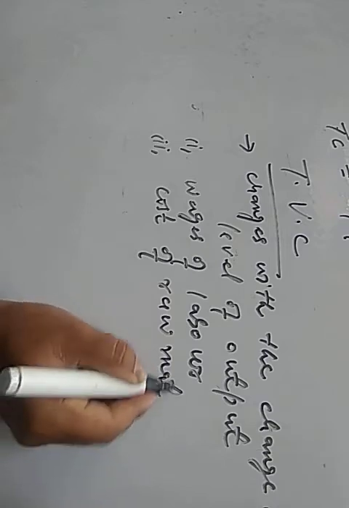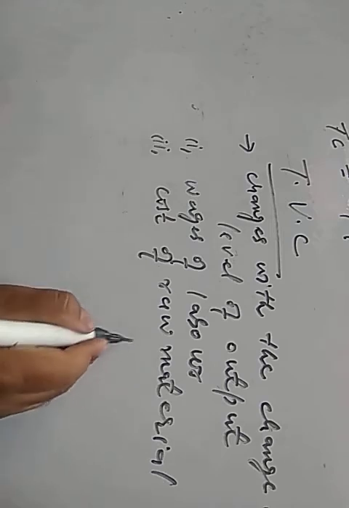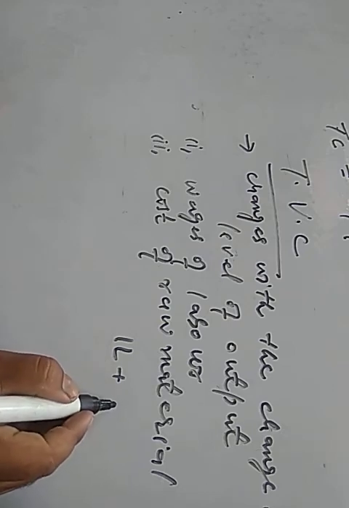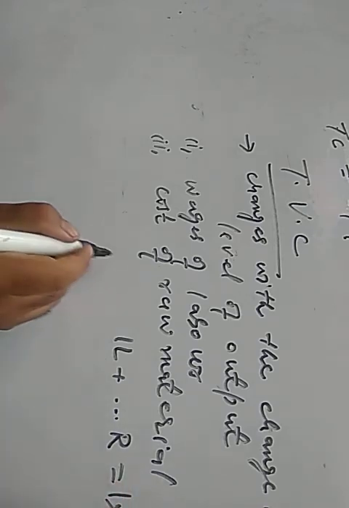These costs change with the change in level of production. Suppose we produce 1 unit of pen, it needs 1 unit of labor and a particular quantity of raw material, and the cost is suppose 100 rupees.